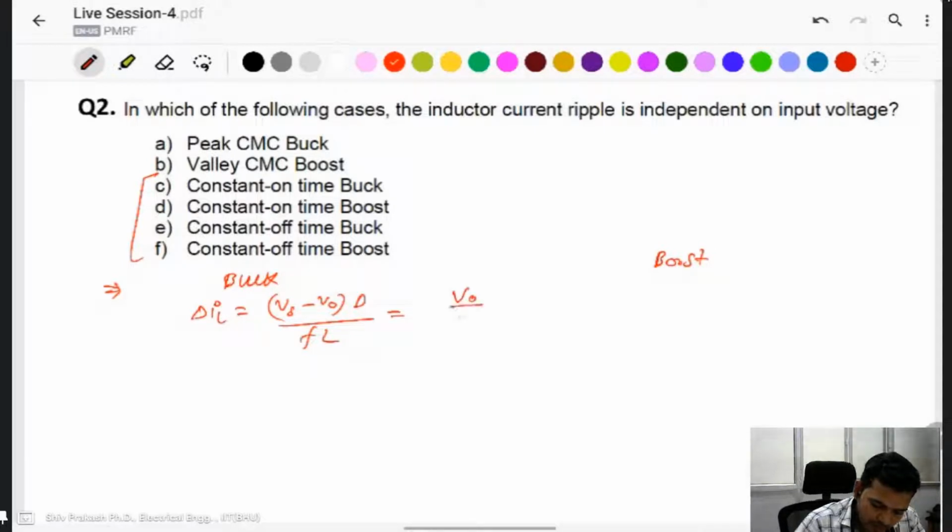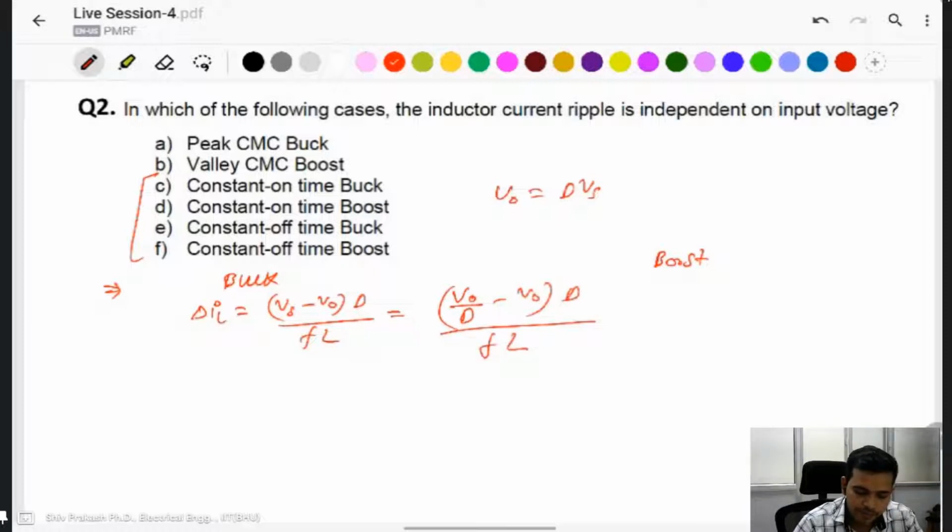V out is equal to D Vs, you know, and Vs equals V naught by D, minus V naught divided by FL. Then you can't replace the D in this function.